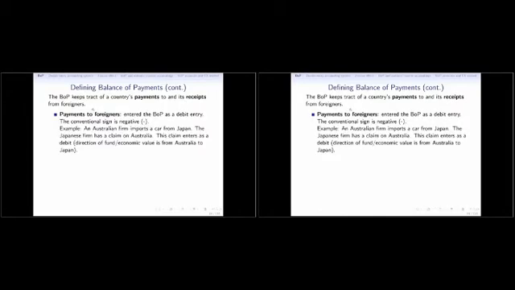Okay? And the balance of payments keeps track of a country's payments to, and its receipts from, foreigners. Payments to foreigners will enter the balance of payments as debit entries. Okay? So the idea is that if you import cars from Japan, right, the payments for the cars, that is something you need to make, correct?